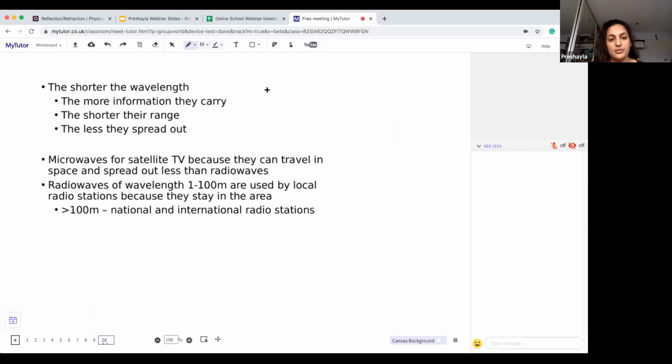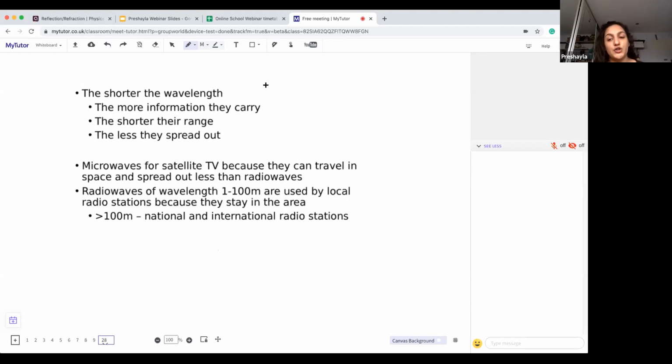So, in conclusion, the shorter the wavelength, the more information they carry. And this also means that they have a shorter range and they spread out less. But the key fact is that the shorter the wavelength, the more information. And as we know, gamma rays have the shortest wavelength, but out of the ones that are used for communication purposes, visible light has the shortest wavelength.